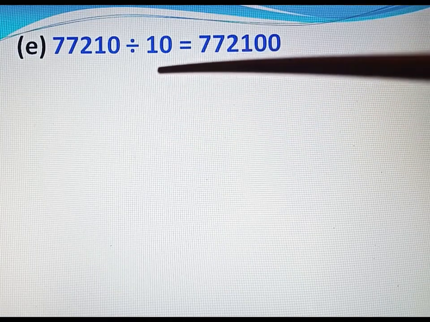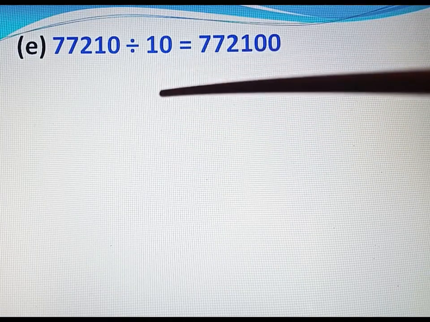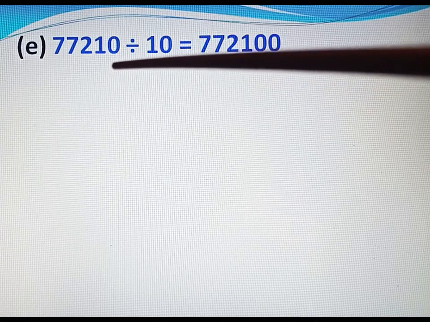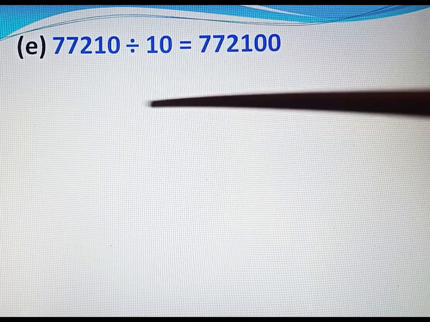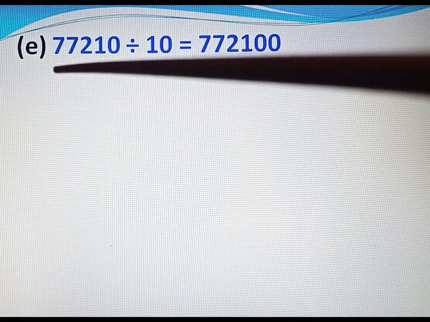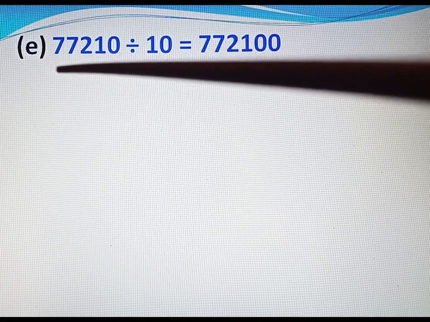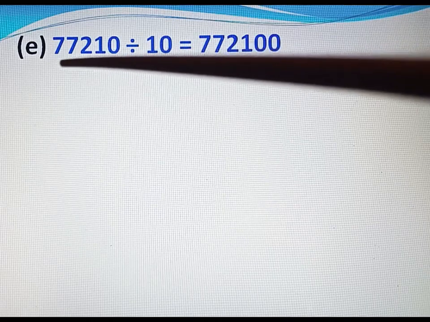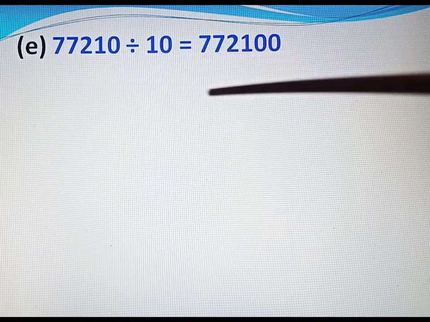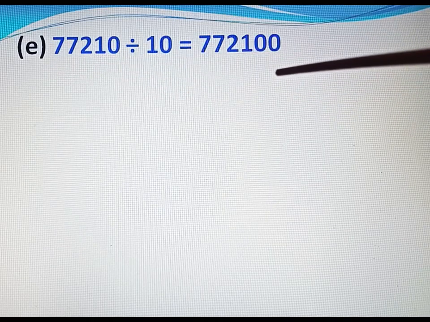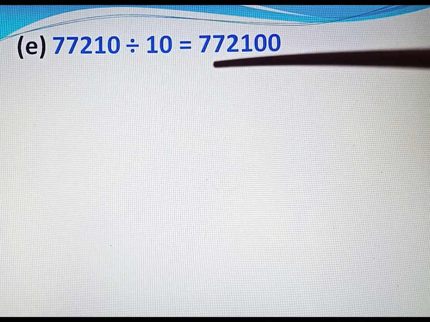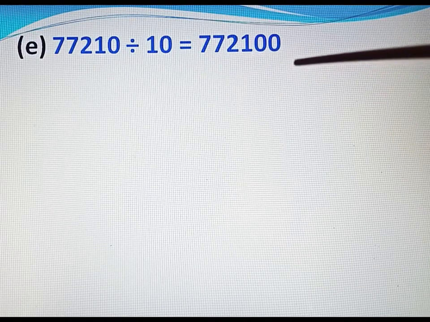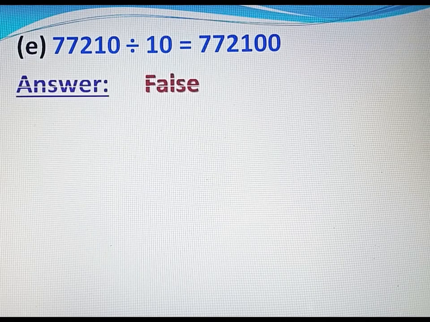See, if 10 is the divisor, then the last digit in the dividend, here it is 0, is the remainder, and the number formed by the remaining digits is 7,721. So 7,721 is the quotient, but here the answer is 7,72,100. So this statement is false.